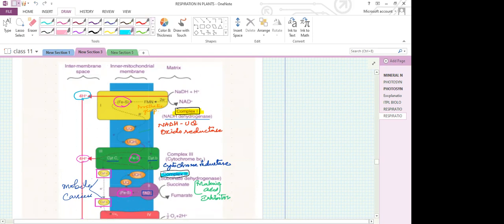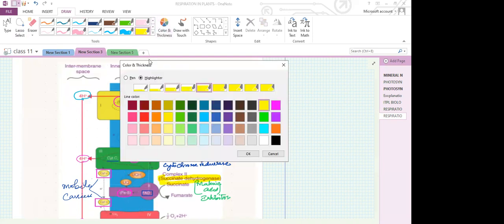Here, complex 2. Give me the name. Read it, guys. Complex 2 is made of succinate dehydrogenase.